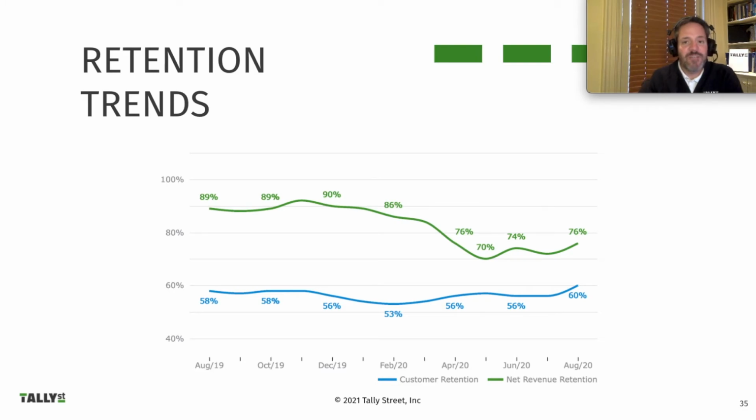So that's a snapshot of one particular period, but it's often more helpful to look at how a business has trended over time. At the blue line at the bottom, we see the customer retention rate for this period. The 60% we saw is actually not a bad number for this business. They've been hovering just below that pretty consistently for the last year or so.